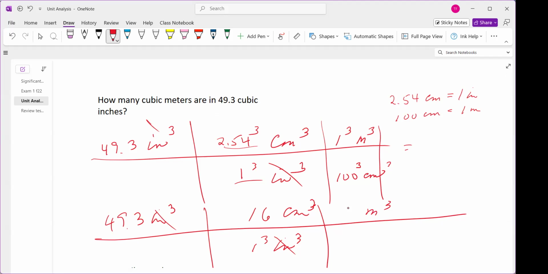And then this is going to be how many centimeters are in. Okay, so cubic centimeters cancel. We're left with cubic meters. So to grind that out.